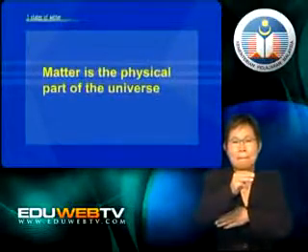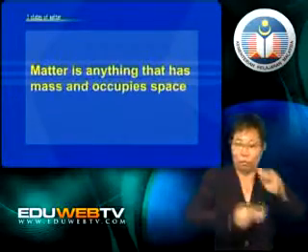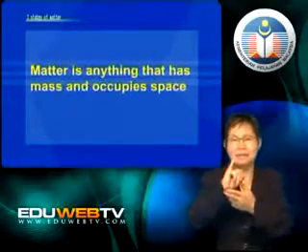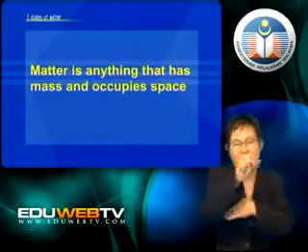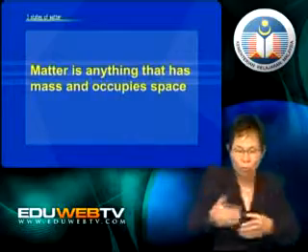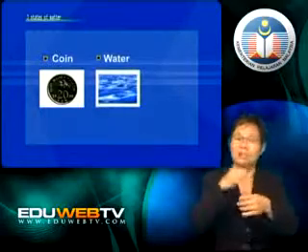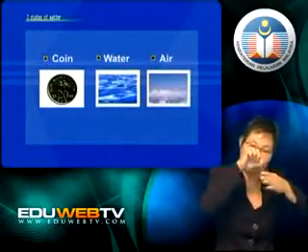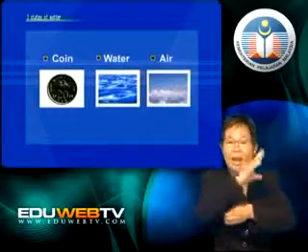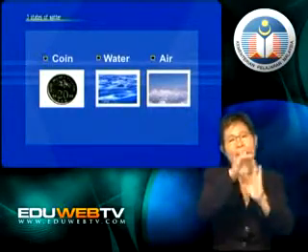Matter is the physical part of the universe. Matter is anything that has mass and occupies space. Everything around you is made up of matter. The 20-cent coin that you slot in, the water that you drank, and the air that you breathe are all examples of matter.